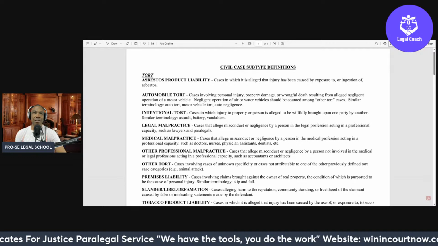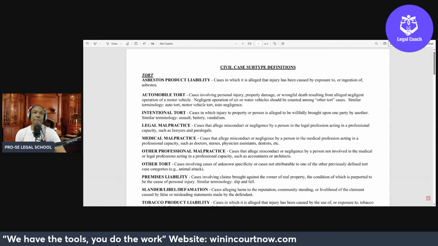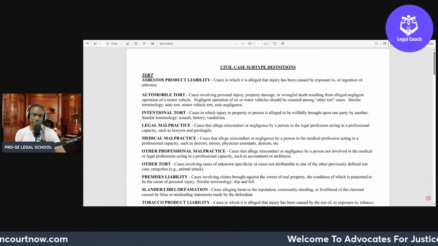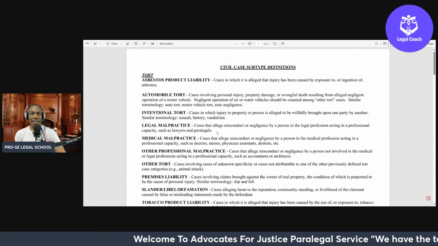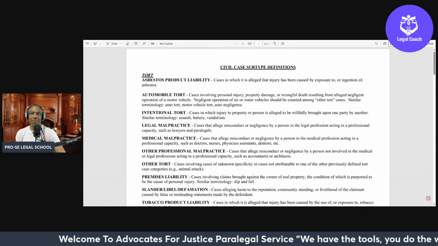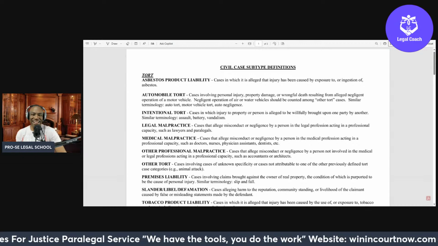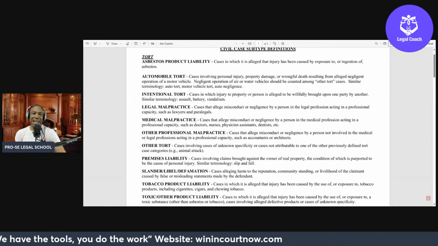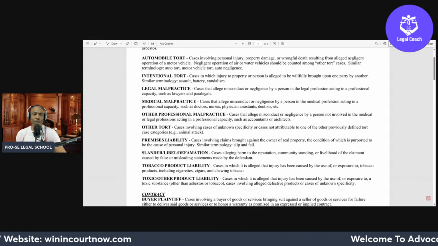So this has the torts that you can sue them for, and according to their paperwork here, that's all you get to use is the tort. And then they have one here, legal malpractice. These are ones that everybody wants to use all the time. Premises liability.